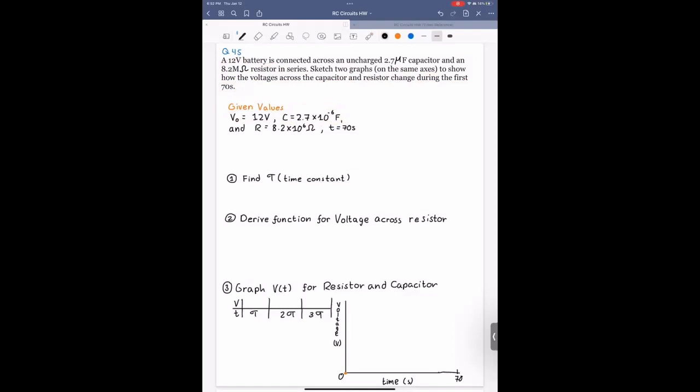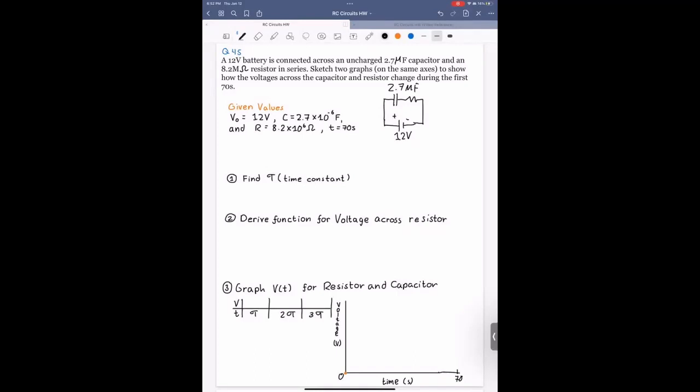So if we draw a diagram, here we have our battery, positive and negative terminals. We have a capacitor, and we have a resistor. This is 12 volts. This is 2.7 microfarads.